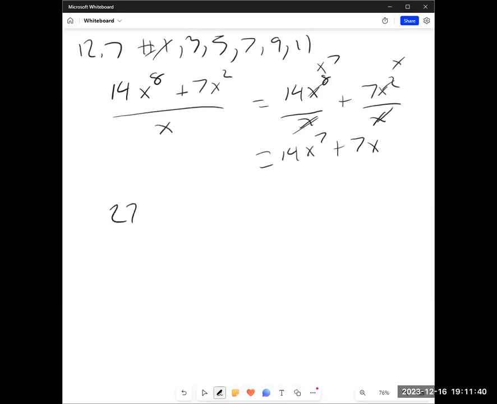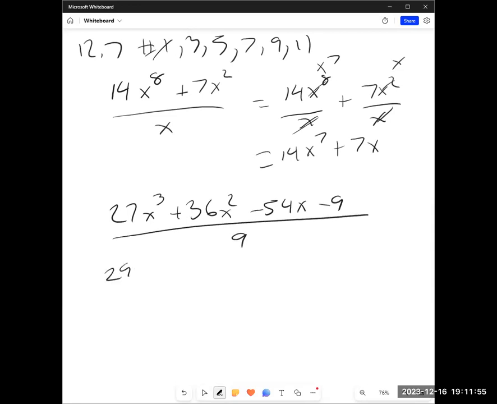Now we have 27x to the 3rd plus 36x squared minus 54x minus 9, all divided by 9.